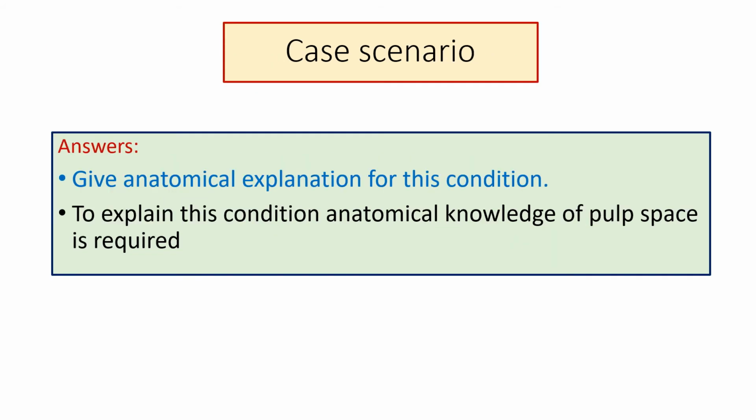The second question on the clinical case scenario is the anatomical explanation for the condition. To answer this, you require anatomical knowledge of the pulp space, and we have completed the detailed anatomy of the pulp space. Now you will be in a position to give an anatomical explanation for the case.